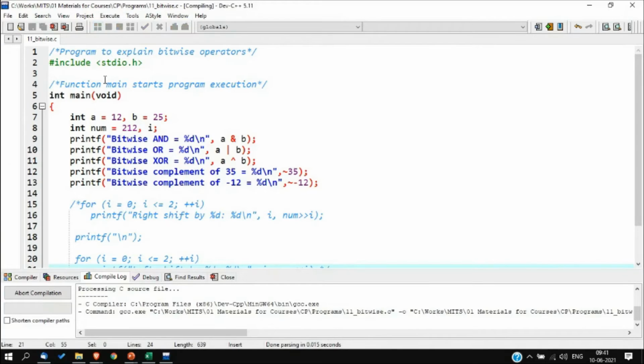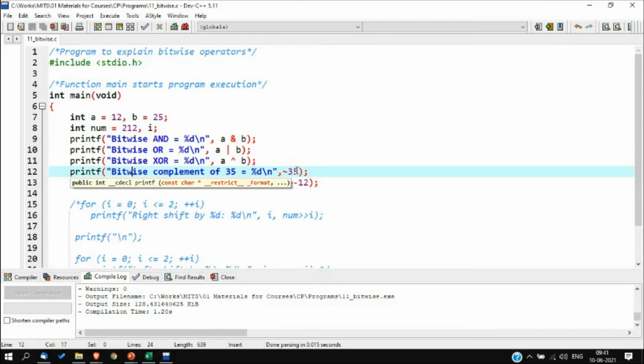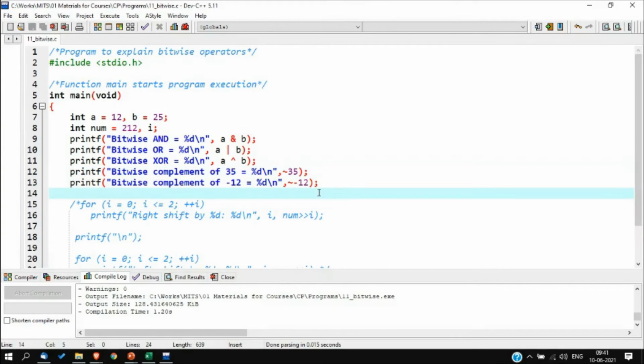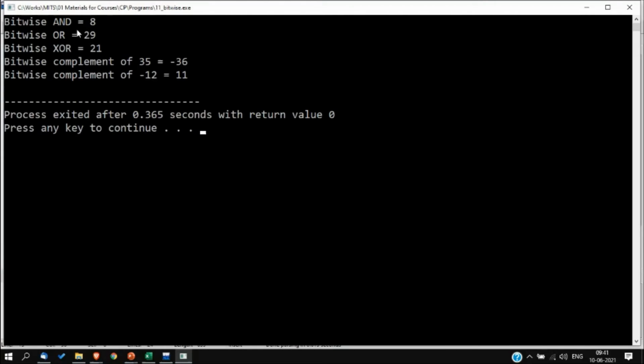Let us see what we are printing: the bitwise AND of A and B, bitwise OR of A or B, bitwise XOR of A XOR B, then the bitwise complement of 35, and the bitwise complement of minus 12. See, for bitwise AND we got 8, which we also received in our calculation, and in bitwise OR we received 29.